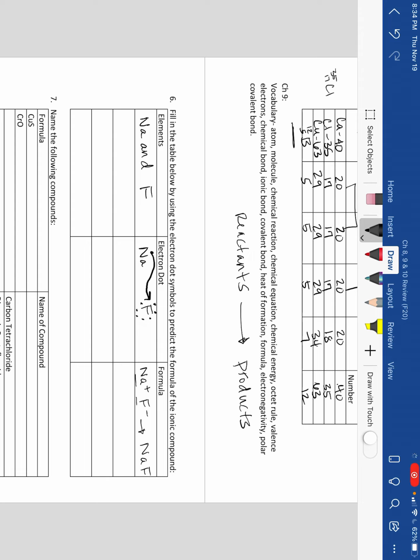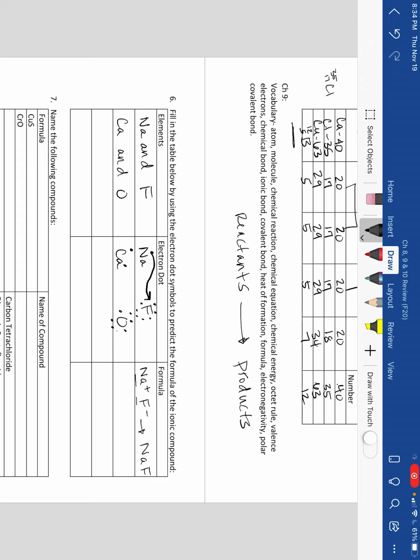So let's do calcium and oxygen. Another easy-ish one. So we have calcium, which is 2, and oxygen, which is 6. And how many electrons do they want to have on the outside?